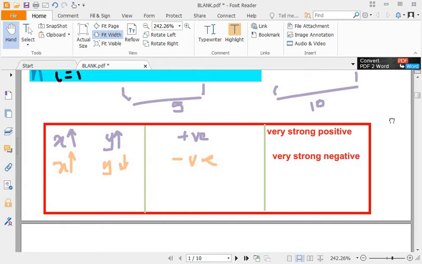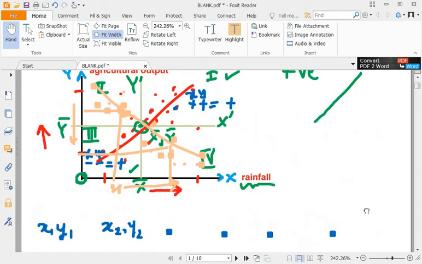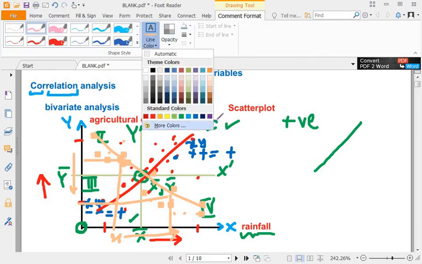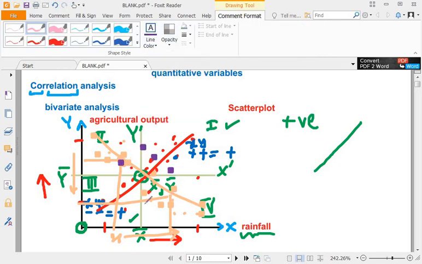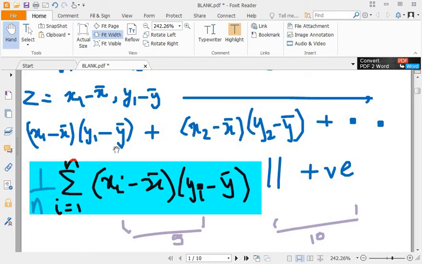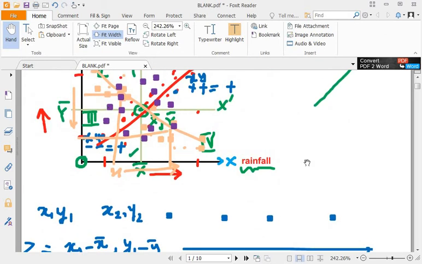The problem with this is that this only measures linear relationship. Suppose you have a data set that is pretty much well balanced around all the quadrants. Then what will happen is your measurement, this blue measurement, will not be able to interpret this sort of data set.